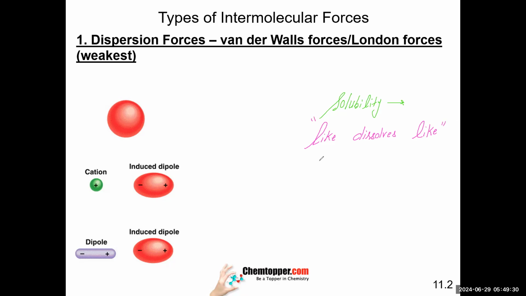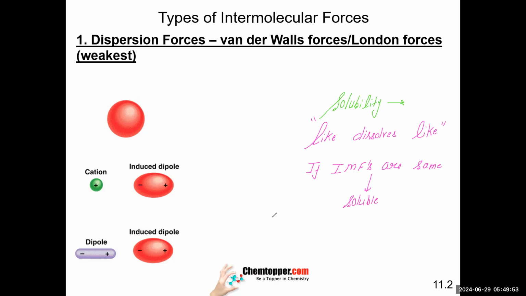It means that if IMFs are the same, like dipole, dipole, if both the compounds have the same IMF, they are soluble into each other. Because in that case, energy wise, things are compatible.